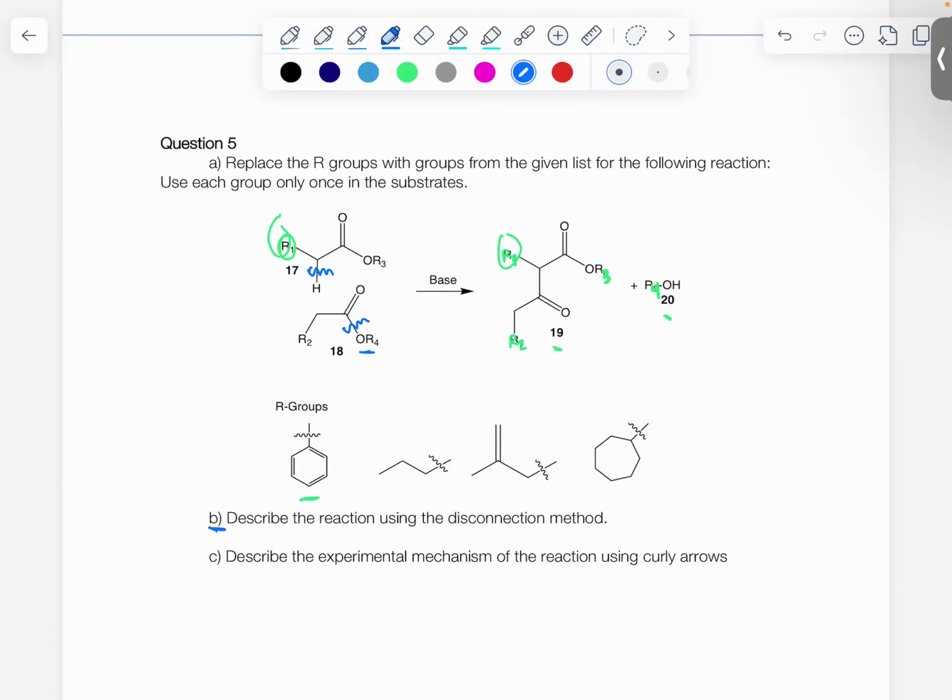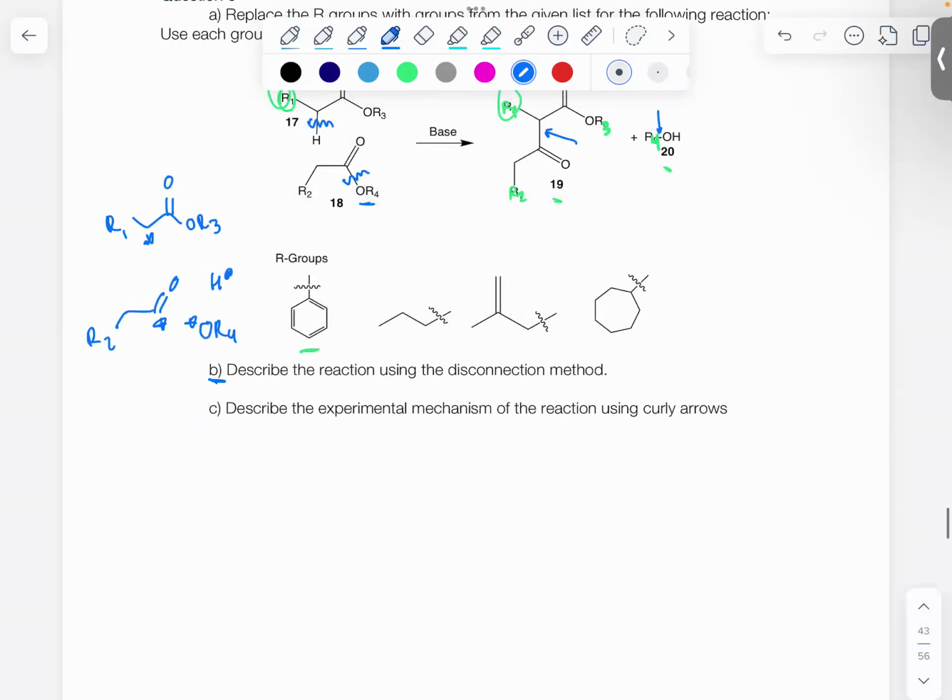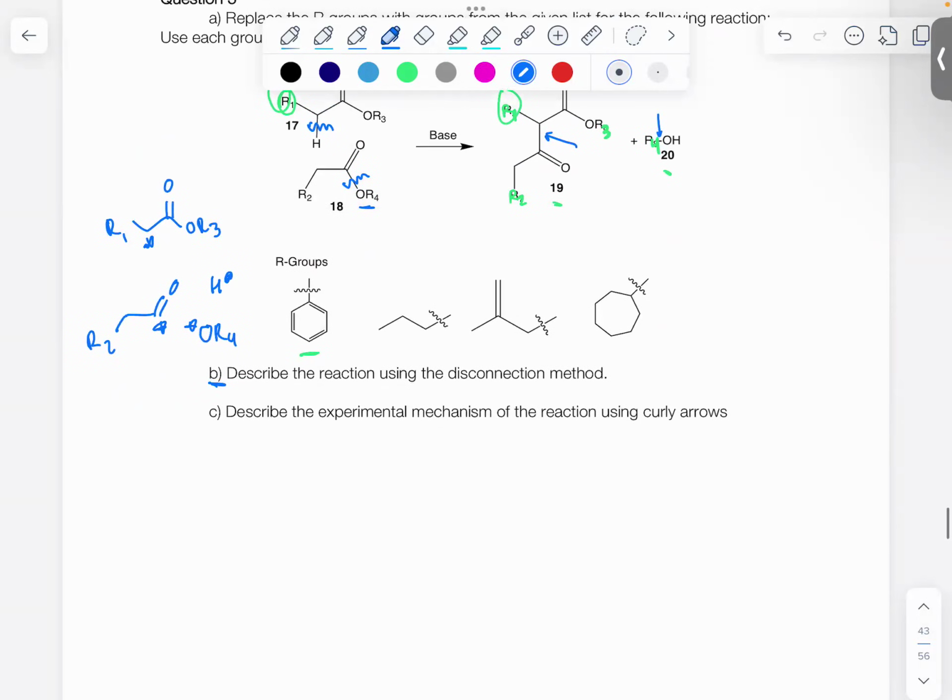And so we end up with these star species, and this new bond is formed, as well as this. And so now we can look at the curly arrow mechanism for Claisen reactions.